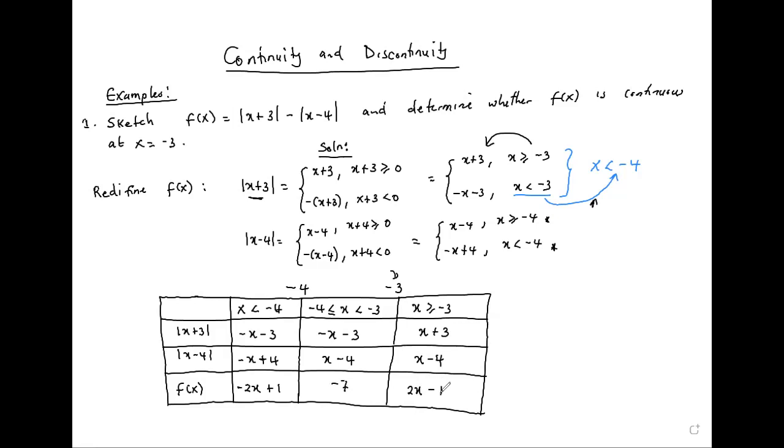Okay. So this means that our function f of x can now be written as a piecewise function: -2x plus 1 for x less than -4, and -7 for -4 less than or equal to x, which is less than -3, and 2x minus 1 for x greater than or equal to -3.